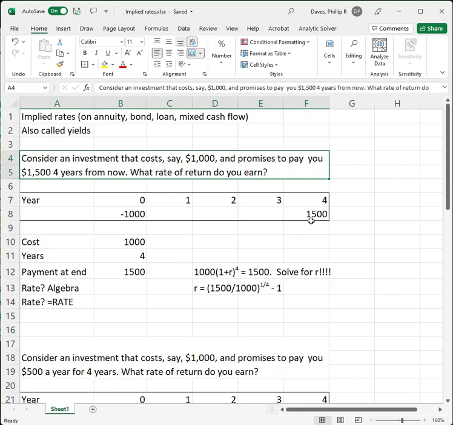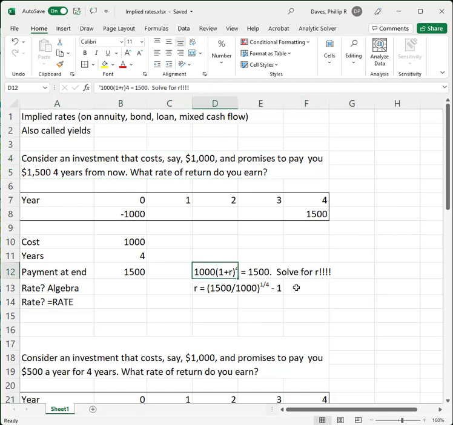Well, one way to think about this, back to fundamental principles, is to note that if R is the rate of return, then if you take $1,000 and invest it at a rate of return of R for 4 years, it's going to grow to 1,000 times (1 plus R) to the 4th power.